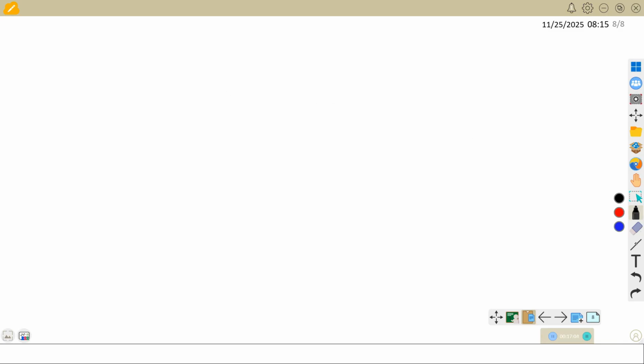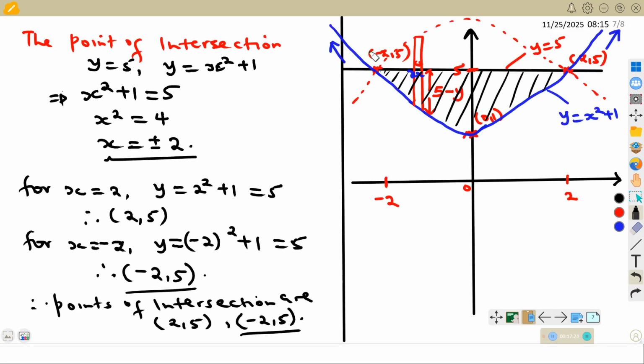The volume will be obtained by using the disk method. So the volume V is the same as pi integral. The points of intersection will be our limits, that is negative 2 to positive 2.